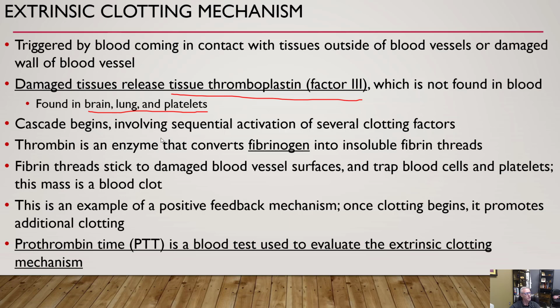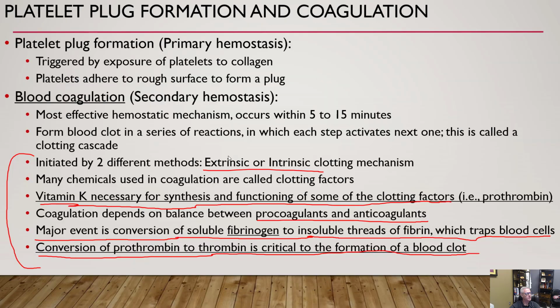It's going to involve a multi-step process that has several other clotting factors involved. And basically there's going to be 12 of them. So here, thrombin is an enzyme that's going to convert fibrinogen into insoluble fibrin threads. We actually mentioned that, I think, up here.